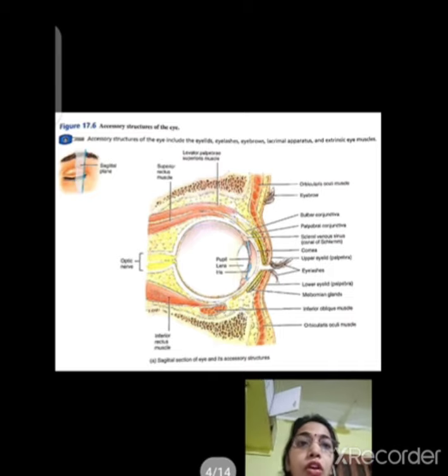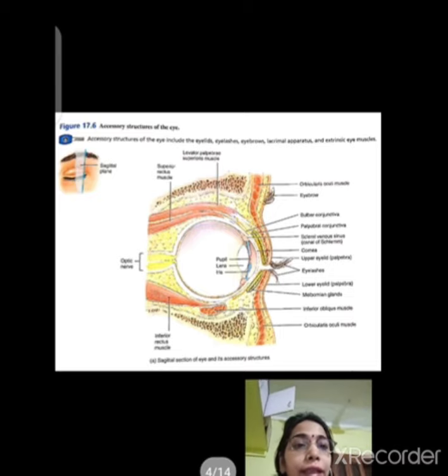The orbits help protect the eyes. The eye is a very delicate organ, so the orbits protect the eyes and stabilize them in three-dimensional space, and anchor them to the muscles that produce their essential movements.